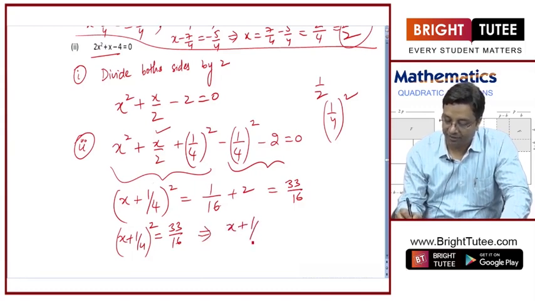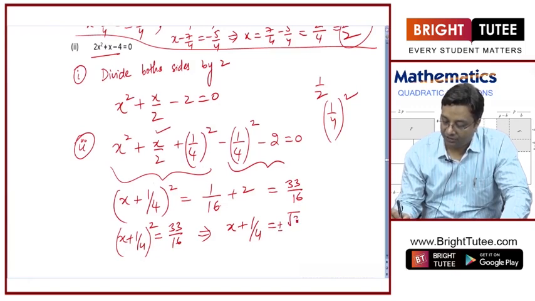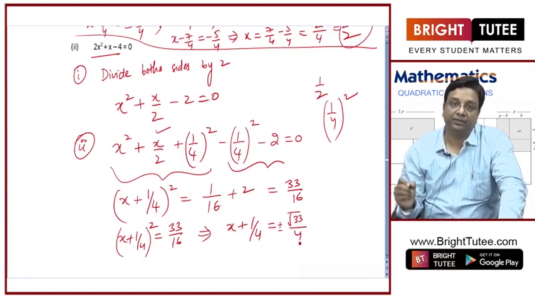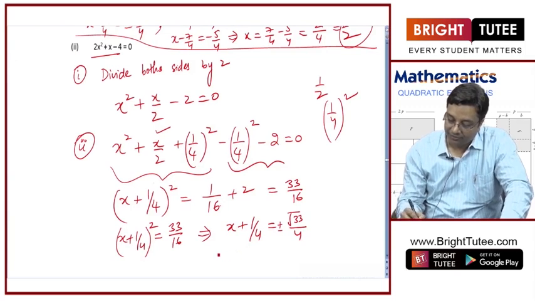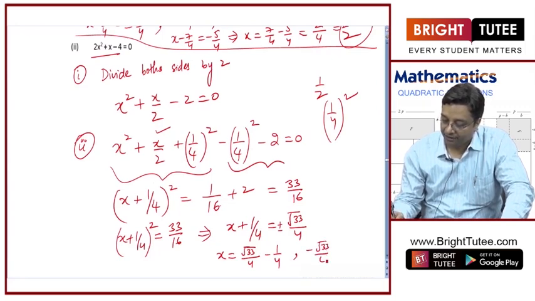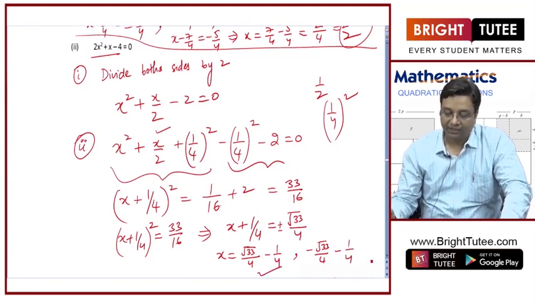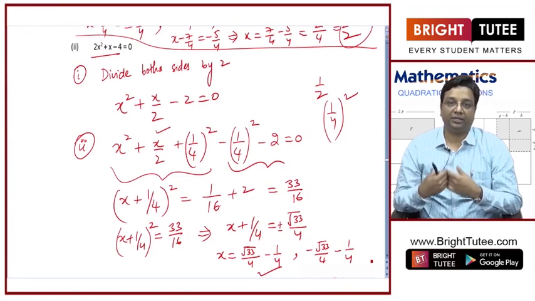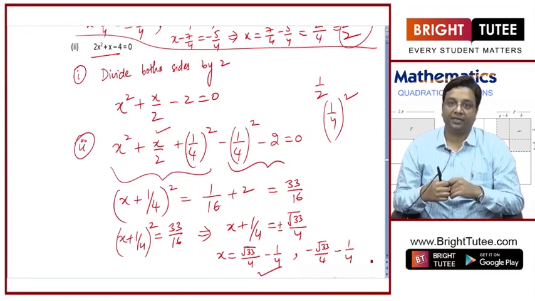Hence I can say x plus 1 by 4 is equal to plus minus root of 33 by 4, right? So my roots are, when I consider the plus sign, root 33 by 4 minus 1 by 4, and when I consider the negative sign, minus root 33 by 4 minus 1 by 4. So these are the two roots that I got by the completing the square method in this question, right?